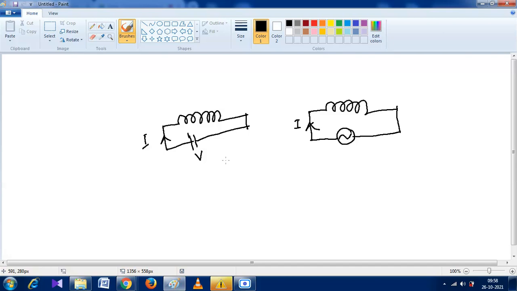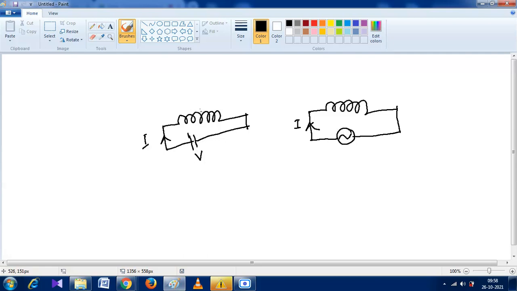Suppose I have a coil, and first we give a supply of DC, and after that removing the DC, we give a supply of AC. What will happen? Or first tell me the DC voltage.